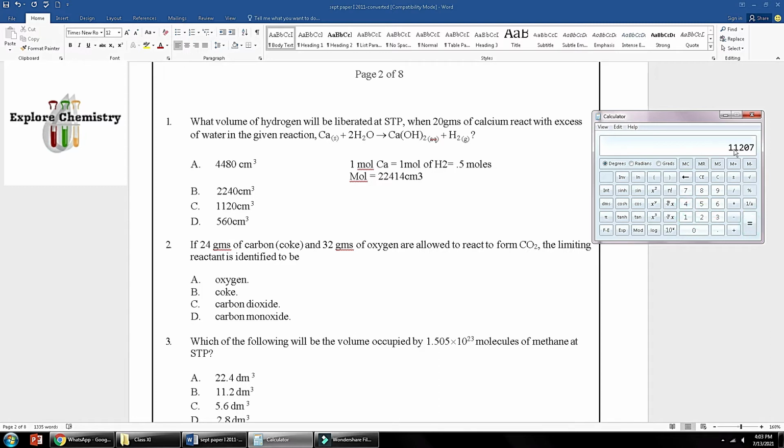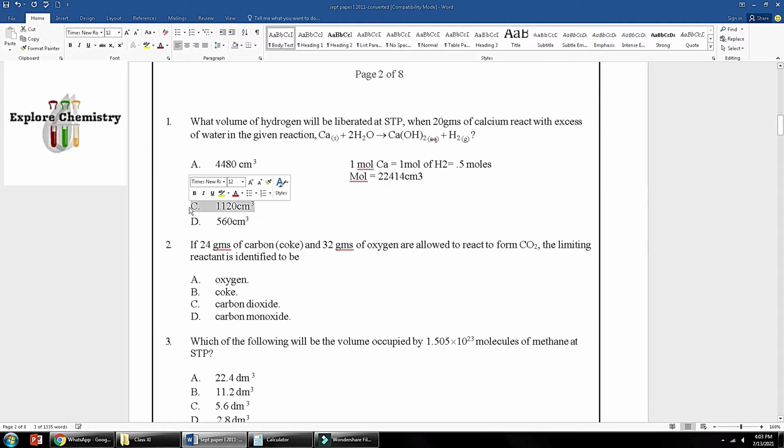Your answer is 1120, which means option number 3 is the correct answer of this MCQ. If you do this numerical from the other method which I told you earlier, that first you calculate mass of hydrogen and convert mass into number of moles, then use this relation, the answer will be the same.